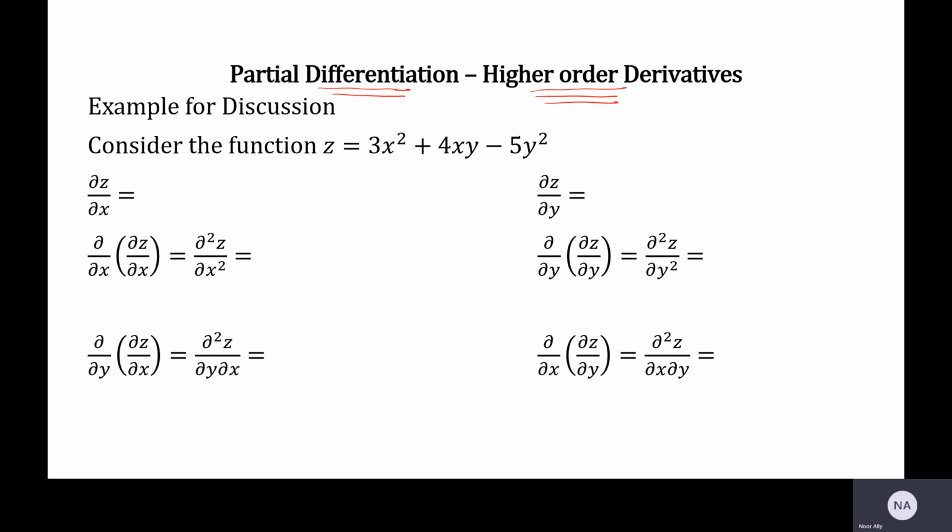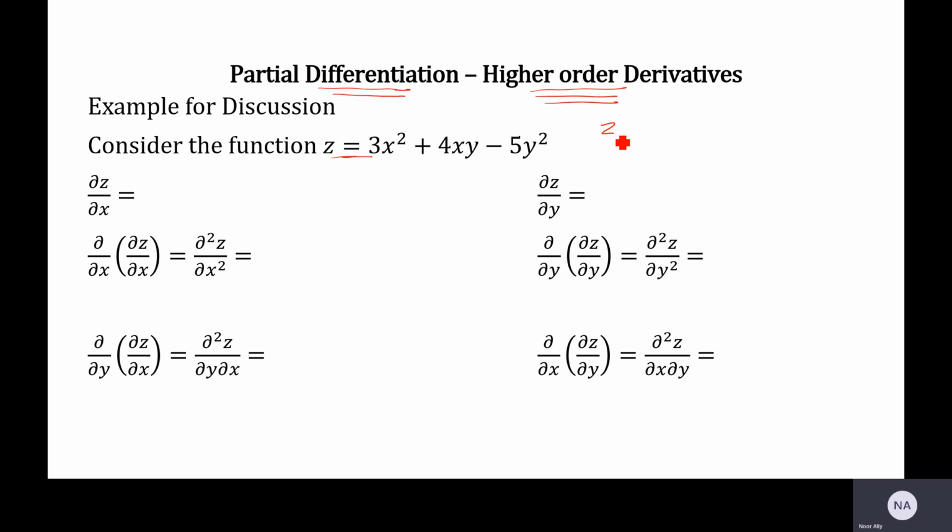We are not going to go through a formal discussion where we calculate and work out partial limits and theory. Rather, we look at it from a concrete example. So consider the function z equal to 3x squared plus 4xy minus 5y squared.